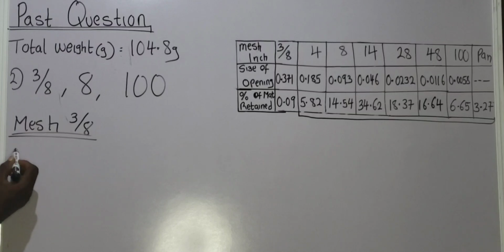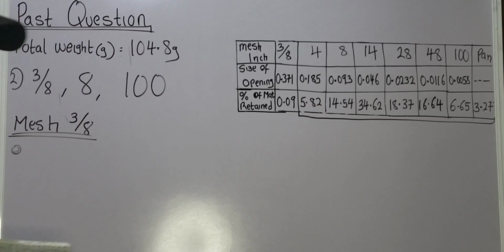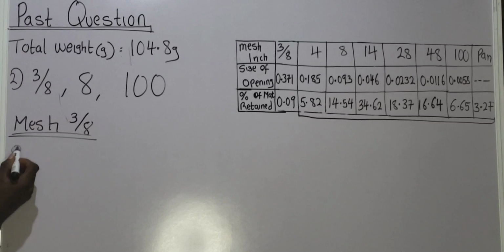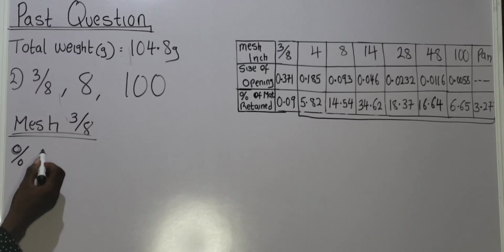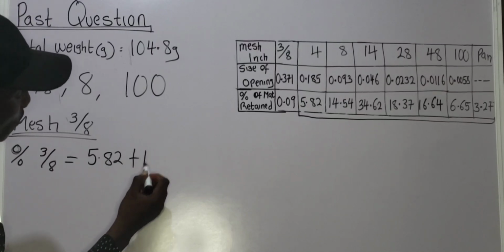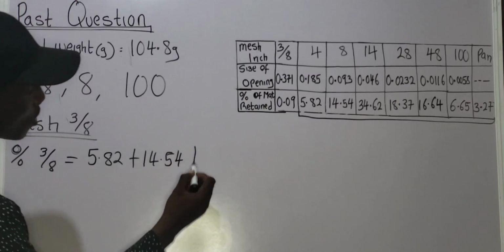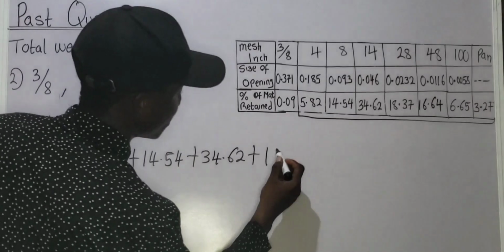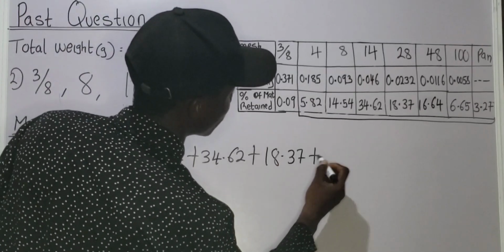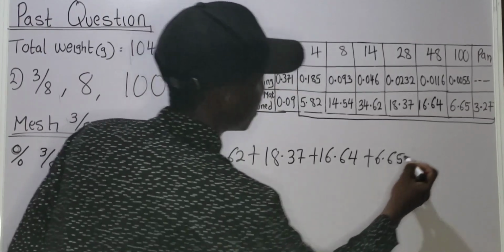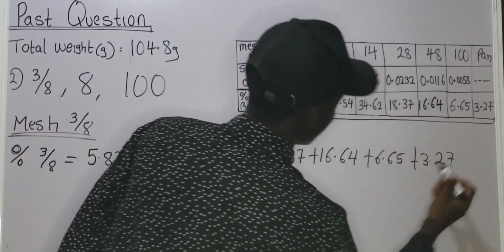So the percent of material that pass through mesh 3/8 is equals to, that is 5.82 plus 14.54 plus 34.62 plus 18.37 plus 16.64 plus 6.65 plus 3.27.